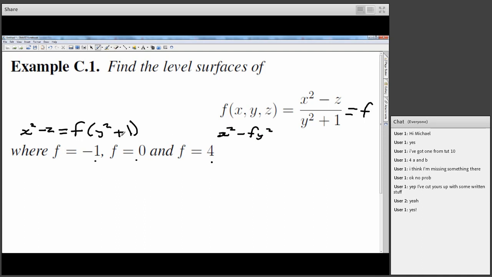I've got a constant term which I can put anywhere I want, so I'll just put it over here. And then I've got a linear term in z, and to get closer to the standard form, I'm going to make z equal to all of this sort of stuff. That's not the only way of writing it down, but certainly clearing the fractions is probably the most critical thing to do.